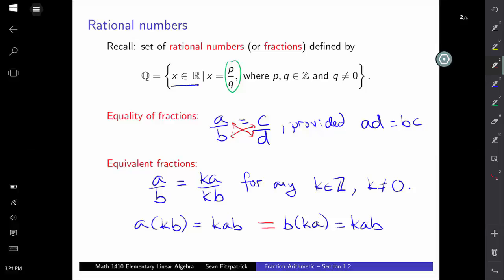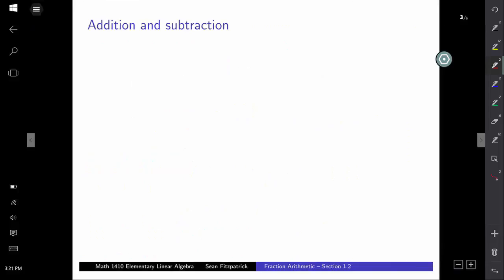They satisfy this definition of equality of fractions, and so any two fractions of this form are going to represent the same real number. So for example, we know that 1/2 is the same thing as 2/4 is the same thing as 3/6, and so on. So there are many ways of representing the same real number as a fraction.